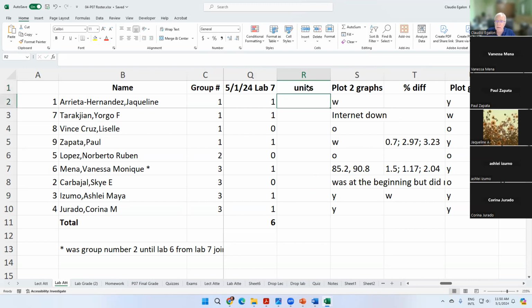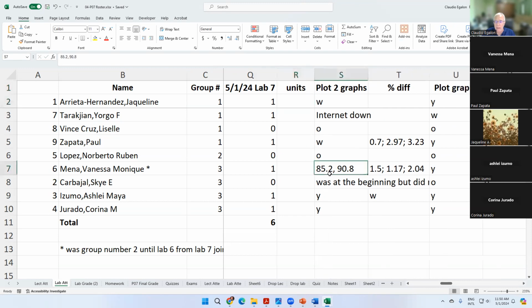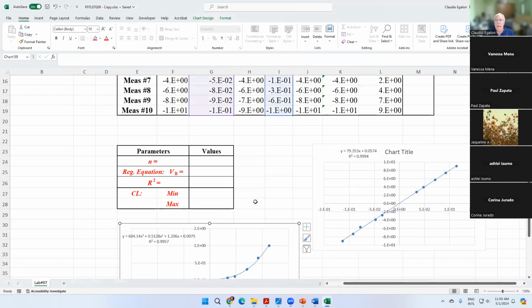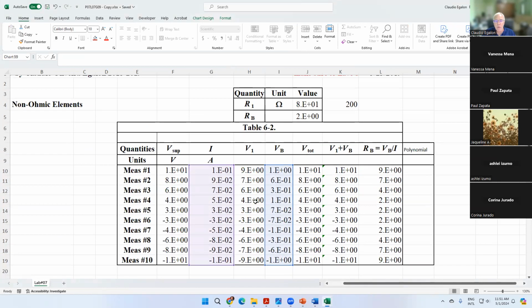Units, right? Make sure you work on the units. I'm seeing at least one group not filling in the units, and because of that they are missing points. The units are very important. You need to put in the units for the resistor of the bulb.